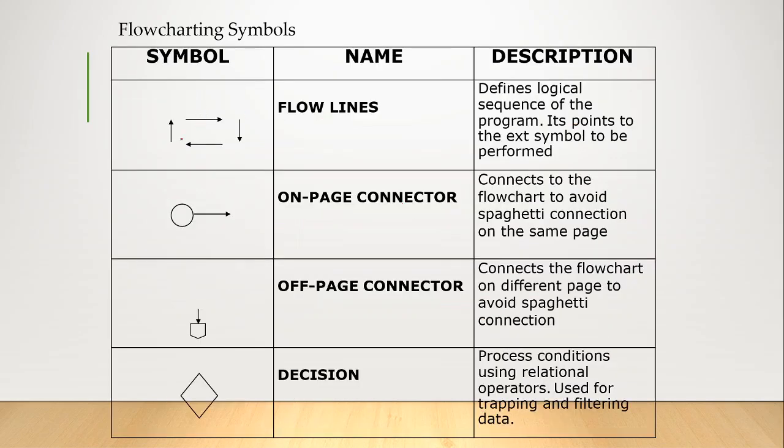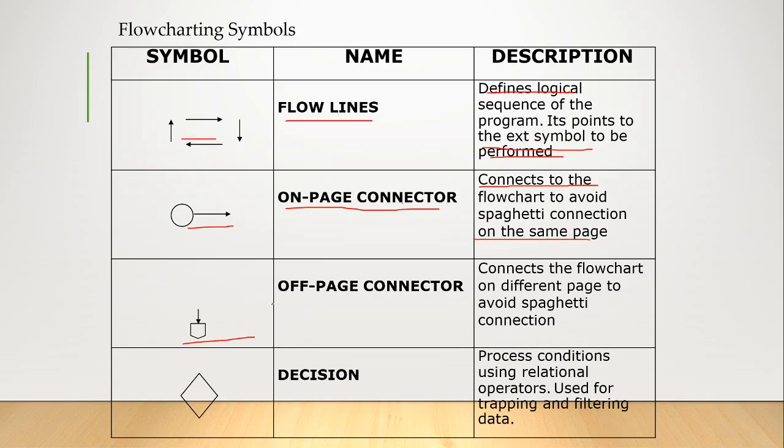These symbols are used to denote the flow lines, and they define the logical sequence of the program. It points to the next symbol to be performed. The next symbol is the on-page connector symbol, and it connects parts of the flowchart to avoid long connections on the same page.